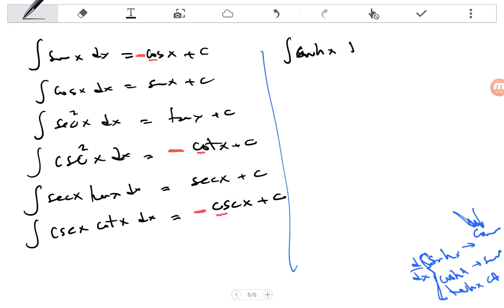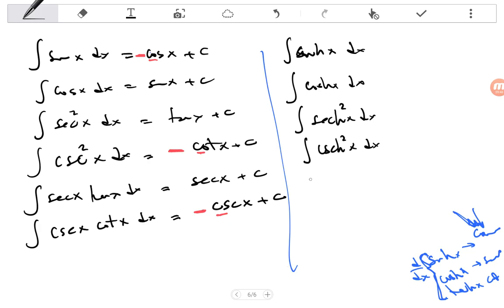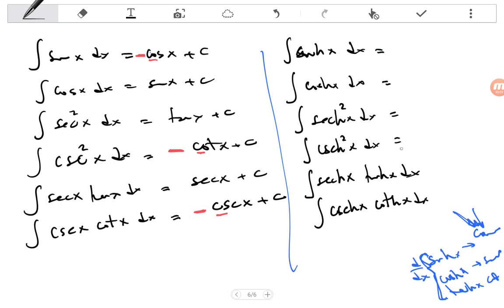integration of sinh x, integration of cosh x, integration of sech squared x, integration of cosech squared x, integration of sech tanh, integration of cosech cotanh x. We have the same rules as trigonometric functions. The integration of sinh is cosh.